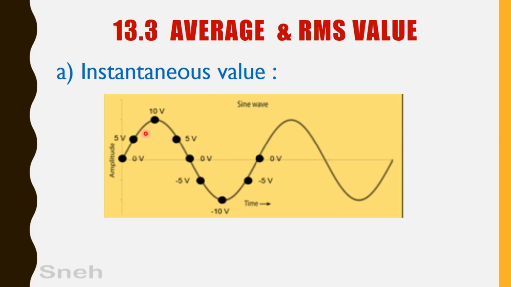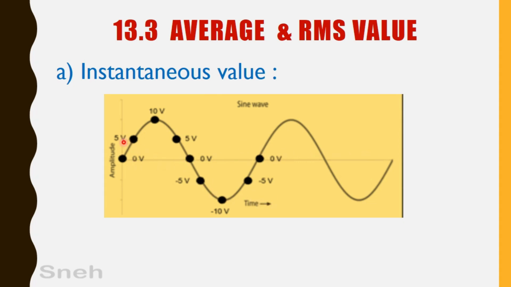So when we talk about instantaneous value, here voltage is 10, here there is 5, here there is 5. In between these two, it might be ranging from 5 to 10, or here ranging from 5 to 0, 0 to minus 5. All these values are represented at a particular point, at a particular time, because this is the time axis.